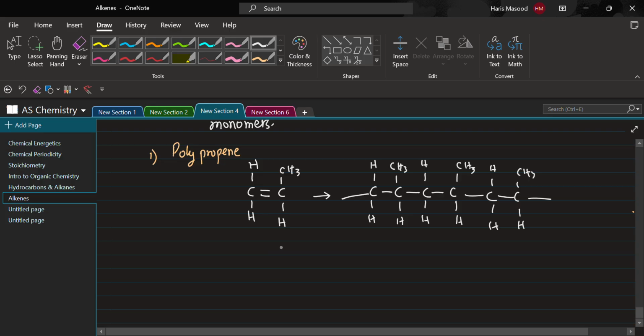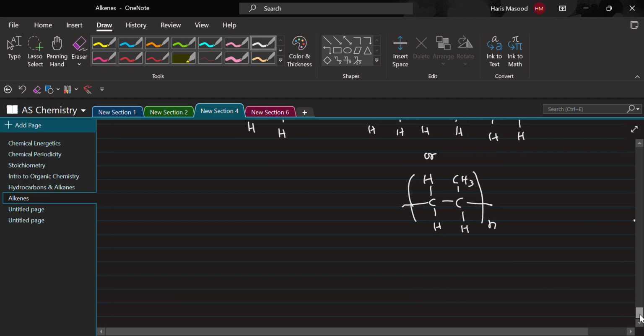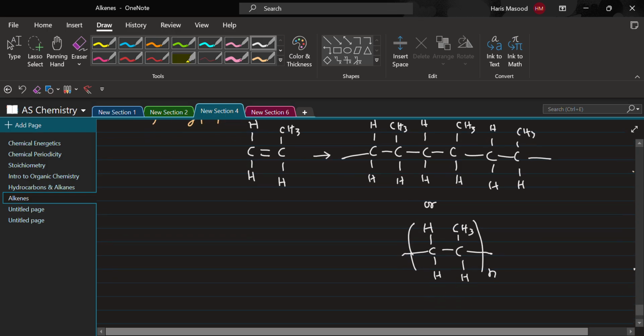To show the repeating unit, you can also make it like this, showing the monomer, and show the bonds, extend them, and keep n here. n is what? The number of monomers that are attached here.